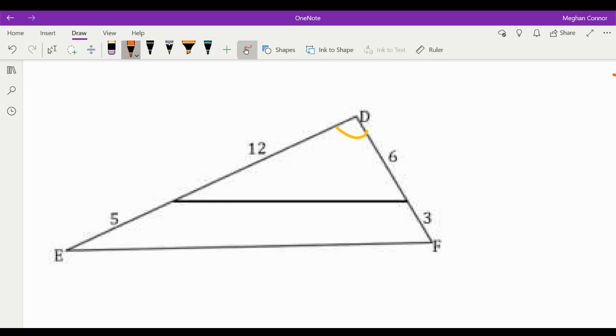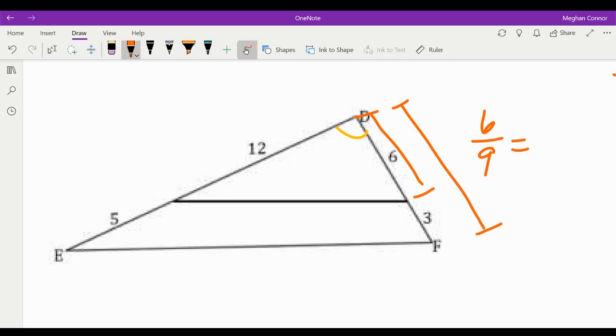If I wanted to prove that their corresponding side lengths were proportional, I would not do 6/3. 6 is the whole side length for this triangle, which means the corresponding whole side length for that triangle would be that whole length, right? So that would need to be 6/9.